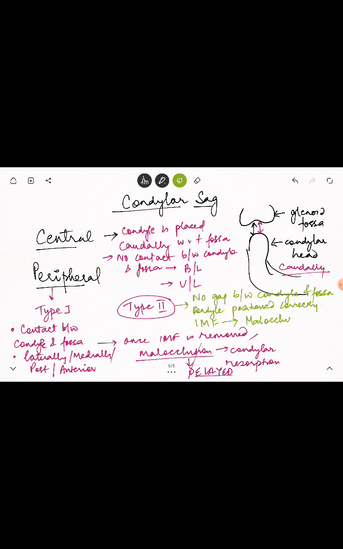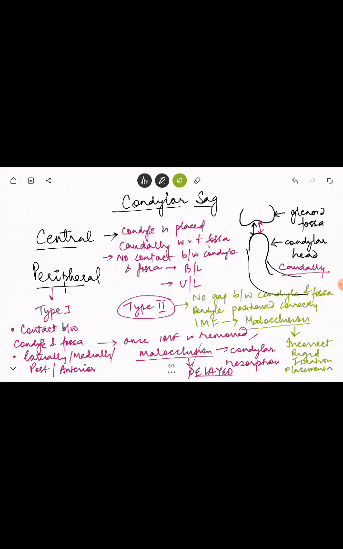Okay. So why is this happening? This is happening because of incorrect rigid fixation placement. So this is the main difference between a type 1 and a type 2 peripheral condylar sag.